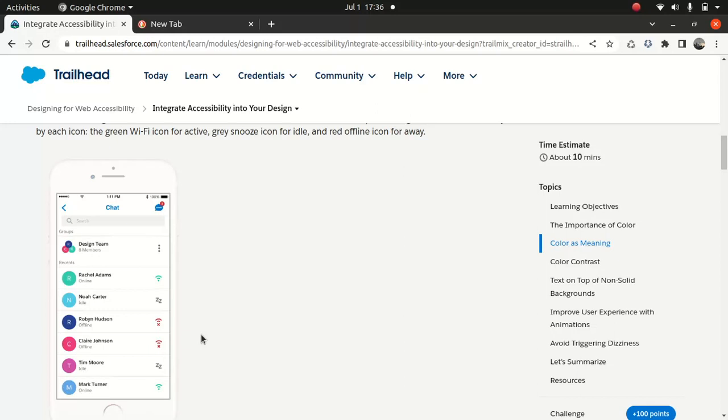So color matters, right? Sometimes you might be used to a red color for error in your previous solution, or for that matter, most of the solutions you have worked in the past. So if you experience something different, say for instance Salesforce, then you might be thinking, is it an error or what, right?